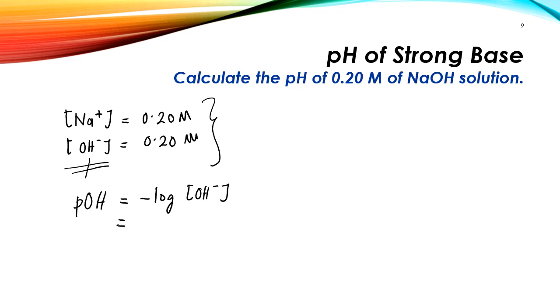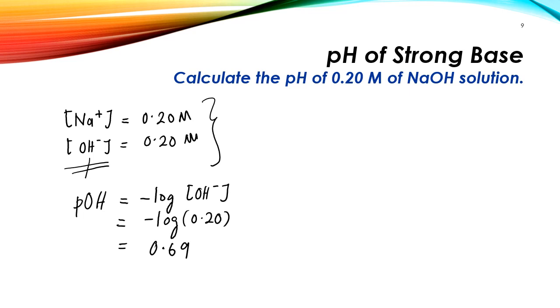So substitute the values: negative log 0.20 molar. That obtains 0.69 pOH.